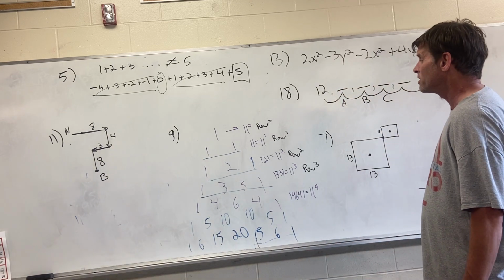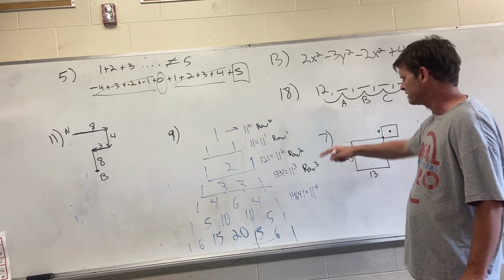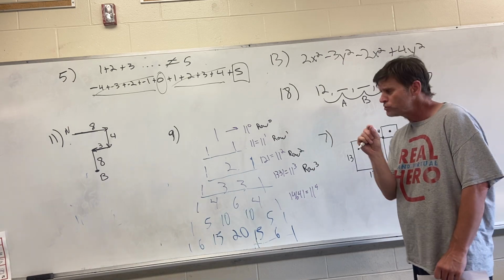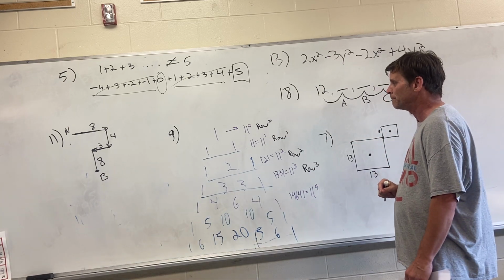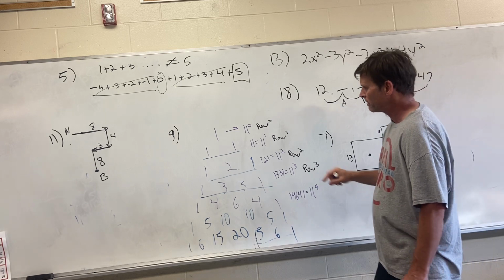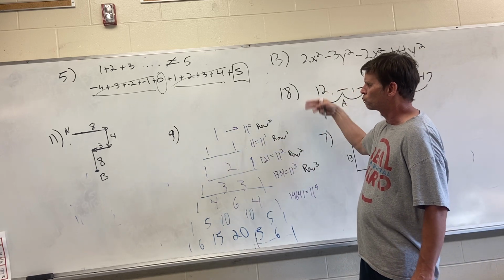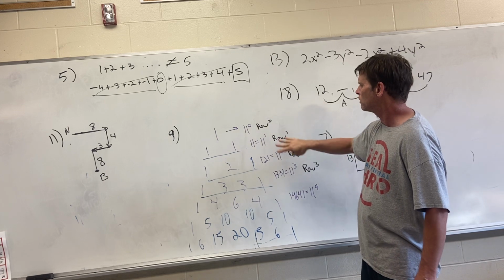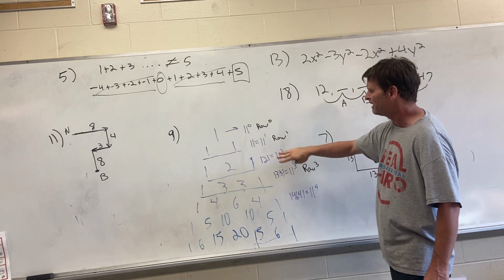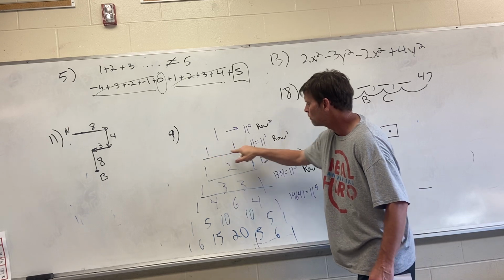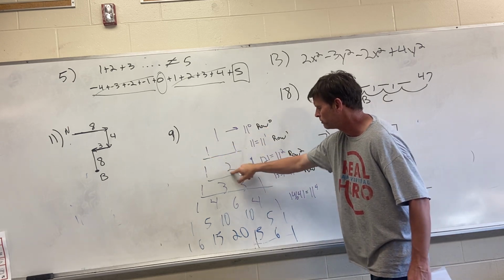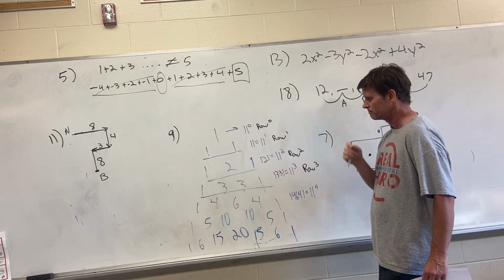Let's see. Number 9, I did in the hints, and I didn't give you too big of a hint. But in Pascal's triangle, I tried to get you to think about the row number. This is row 0, row 1. In the hints, I talked about how 1, 1 is 11 to the first, 1, 2, 1 is 11 to the second.